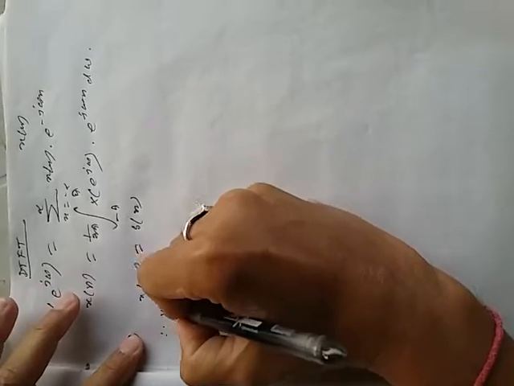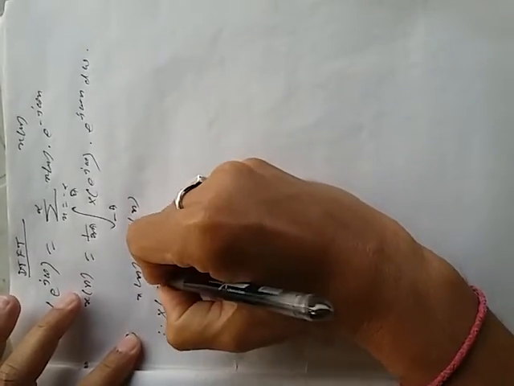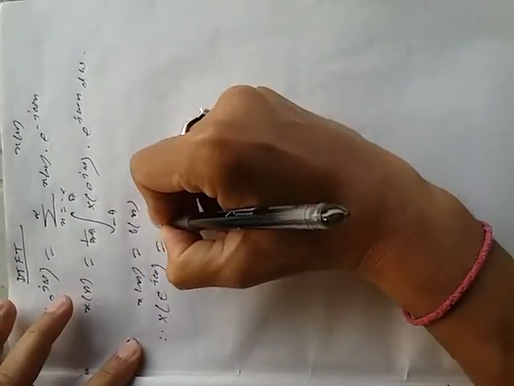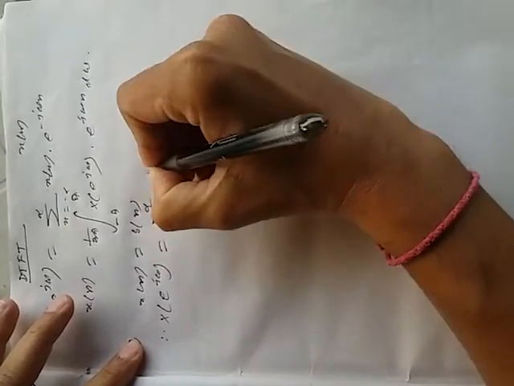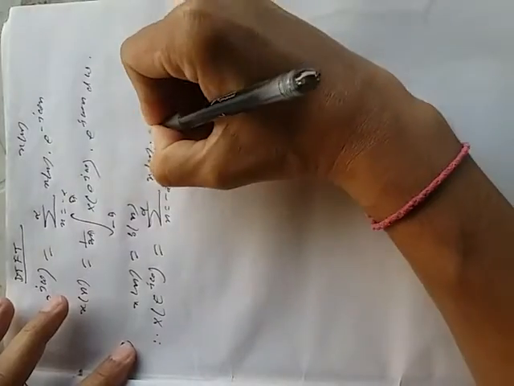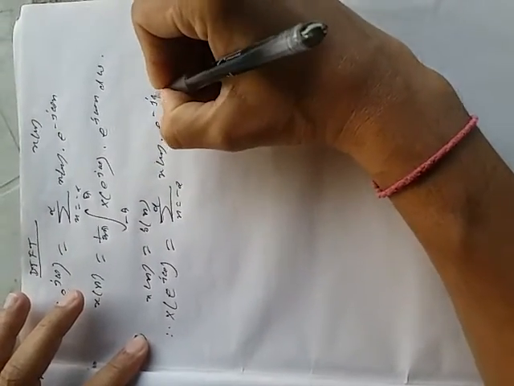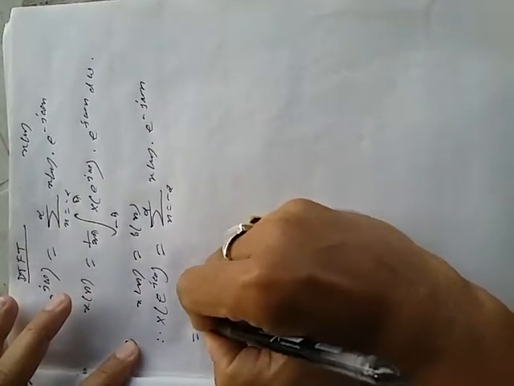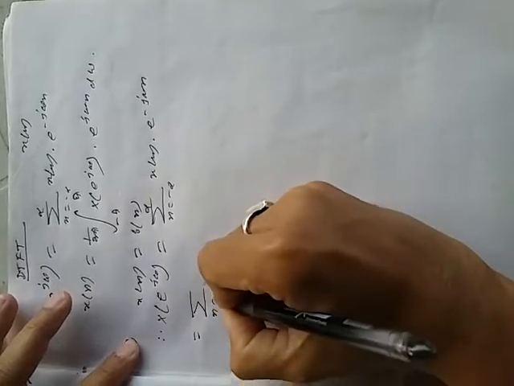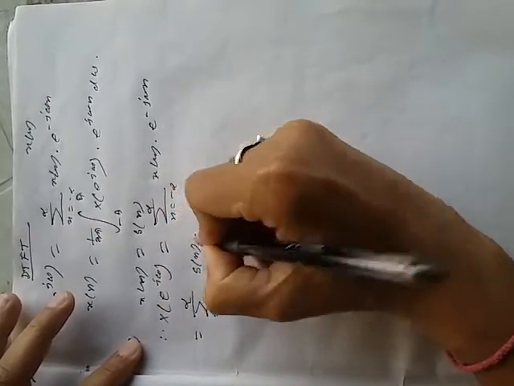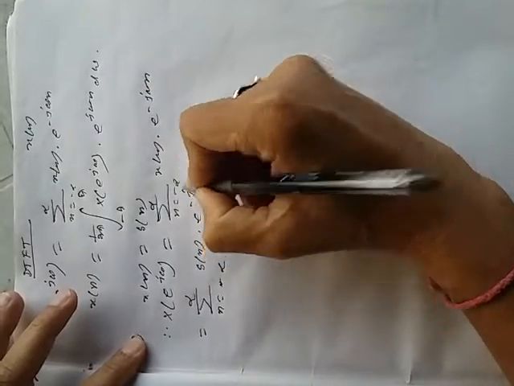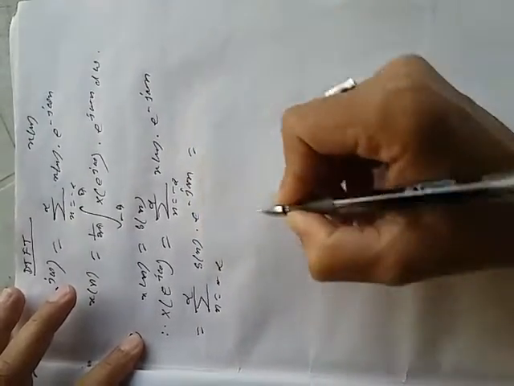That will be X of e to the power j omega equal to, what is the formula? Summation n equal to minus infinity to infinity x of n e to the power minus j omega n. So summation n equal to minus infinity to infinity delta n into e to the power minus j omega n.